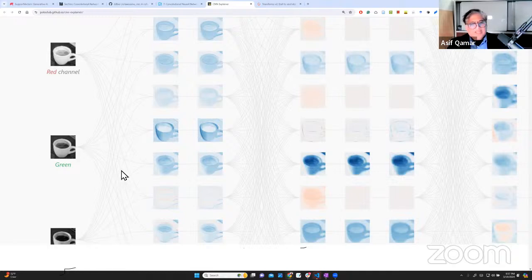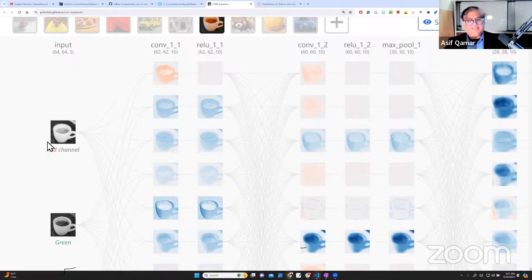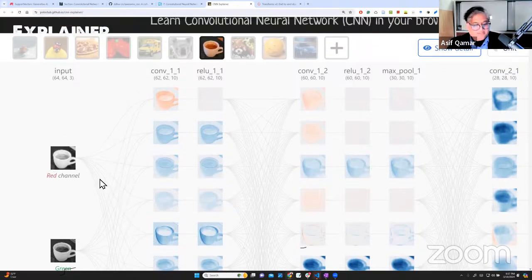But for the time being, ignore the multicolored part of it. Just say 1 channel. Look at this, red. When you look at this picture, do you see that it has a lot of red in it? So the information in the red channel will be pretty pronounced. Let's click on this red.